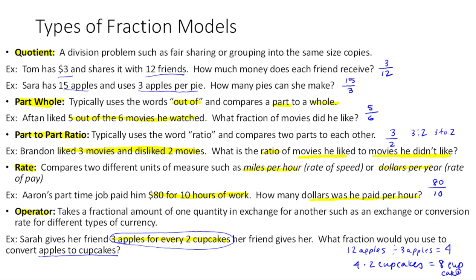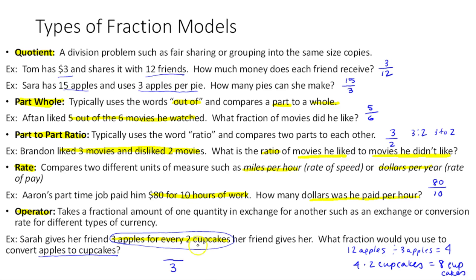Okay. Now notice that's not what it asks us to find. It just asks us to find the fraction you would use to convert apples to cupcakes. I'm just using this example to show you the process so we can develop the fraction. So to convert from apples to cupcakes, you need to think of the fraction as dividing by the number of apples that you need. Okay, so here we started by dividing by the apples, and dividing goes in the denominator, just like we did when we had division up here.